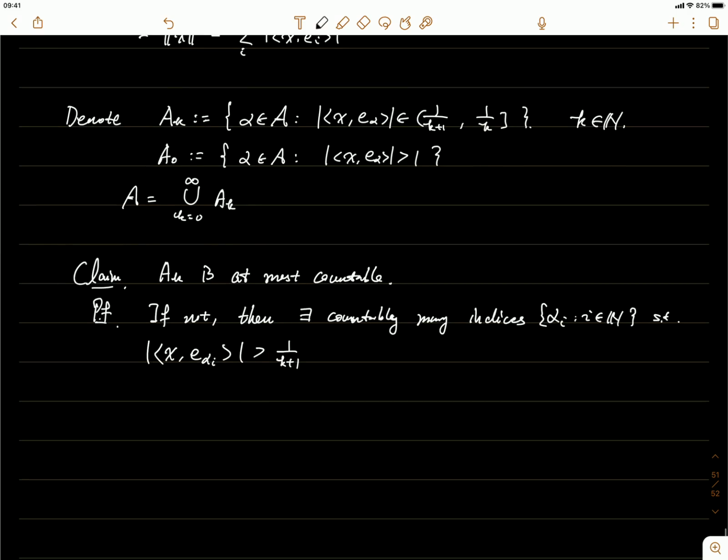And since I have countably many of them, I can just keep adding them. So the sum of |<x, e_alpha_i>| squared will eventually be bigger than, it could actually be infinity, because each one of them is bigger than 1 over k plus 1. So the sum of them will be infinity.